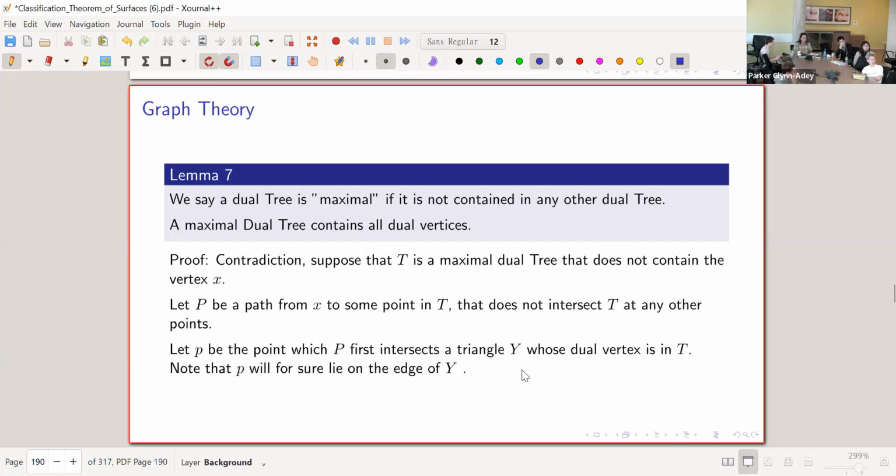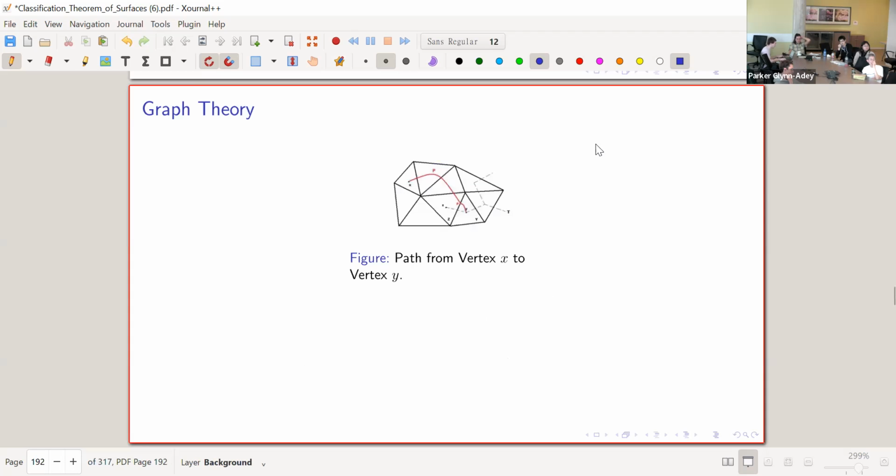So we're going to let P be the point at which P first intersects a triangle Y whose dual vertex is in T. For sure, if it intersects a triangle, it has to go through the edge first, so it must first intersect some edge in Y. Again, let's look at a picture because that will probably make things a bit more clear.